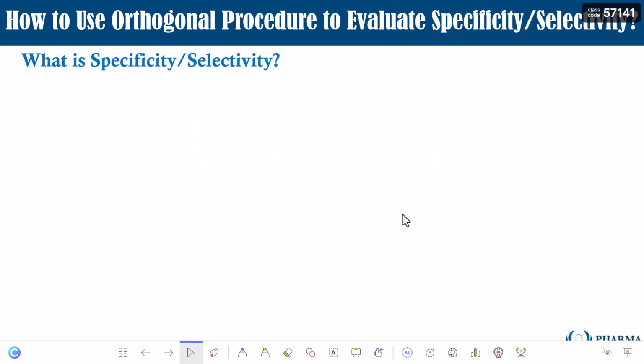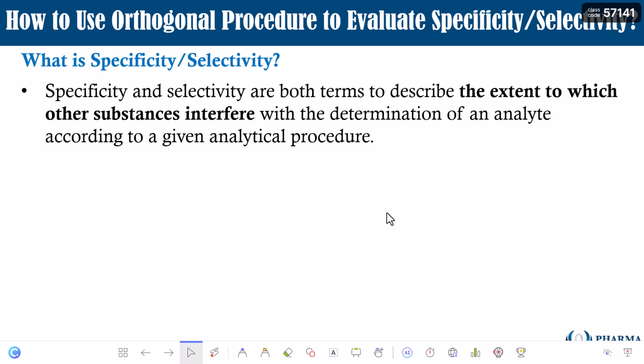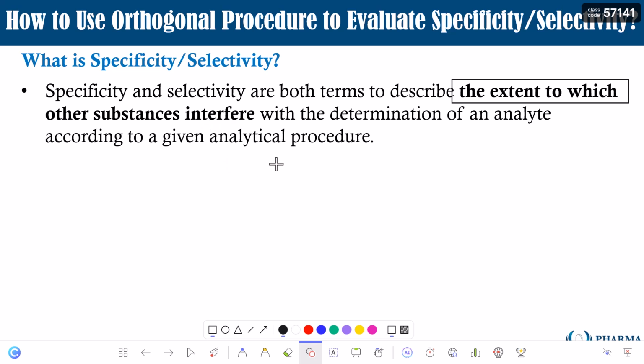So what is meant by specificity or selectivity? Let us try to understand this term first before we move on to the procedural part. Specificity and selectivity are both terms to describe the extent to which other substances interfere with the determination of an analyte according to a given analytical procedure. That means if you are analyzing, let us say, an assay by using an HPLC procedure, there may be some other sample components present.